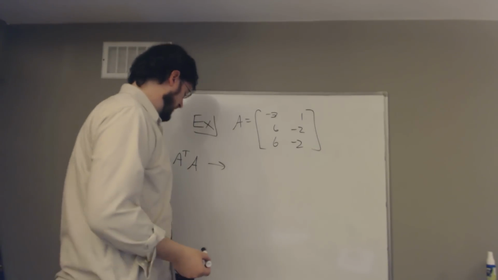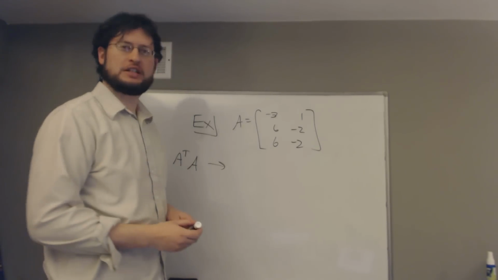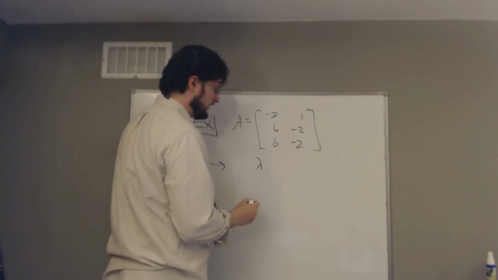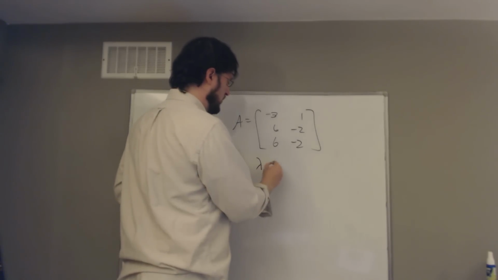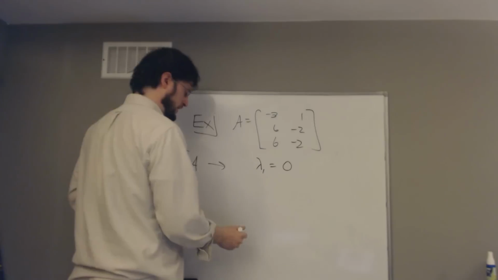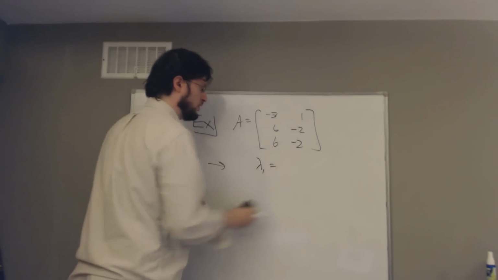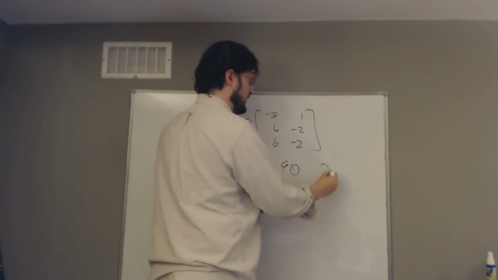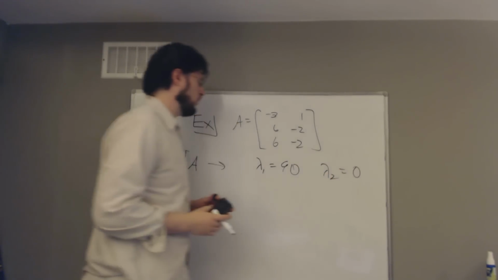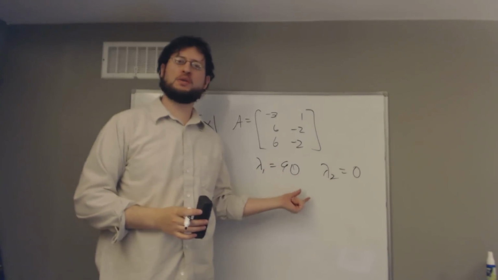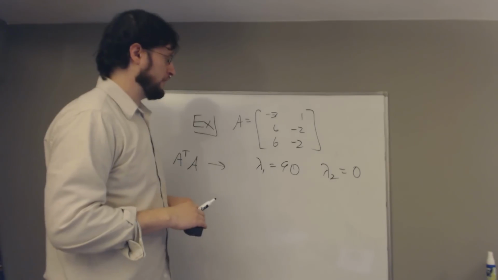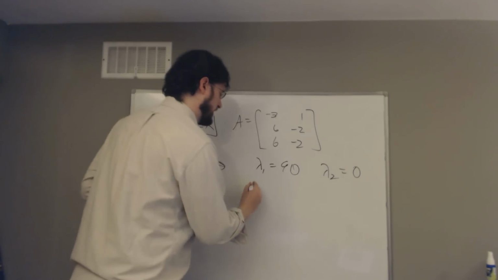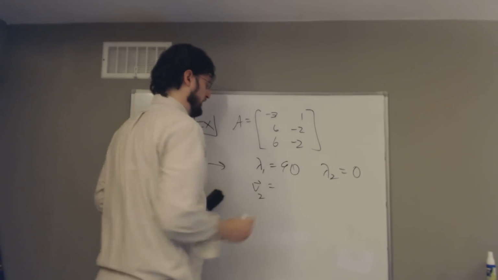We calculate the eigenvalues of A transpose A. We find that lambda 1 is 0, and well, if we go in decreasing order, we get 90 and we get 0. So we get 1 positive eigenvalue and 1 zero eigenvalue. And again, I've worked out our corresponding eigenvectors.